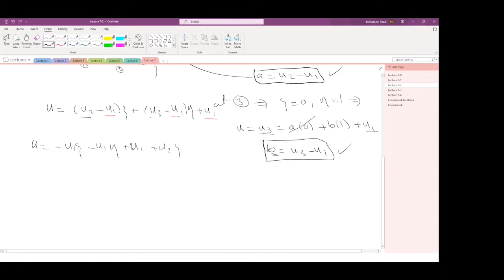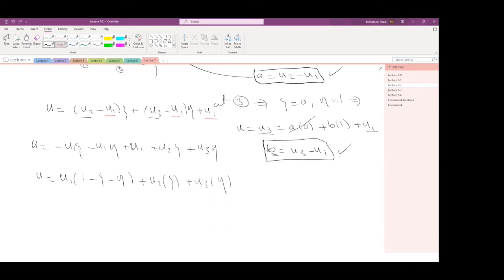And then the last one is U3 eta. Take U1, U2, and U3 as common factor is going to leave me with U1 multiplied by 1 minus xi minus eta plus U2 multiplied by xi plus U3 multiplied by eta.